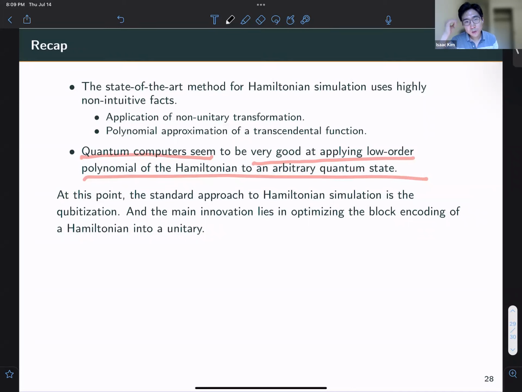I guess the Preskill lecture notes are pretty good. I think those two are still good references. There's also a textbook by Mark Wilde, which is more on the information theory side, but I think it's a good reference because it contains everything. It's not really much about quantum computation, but I still think it's very useful.